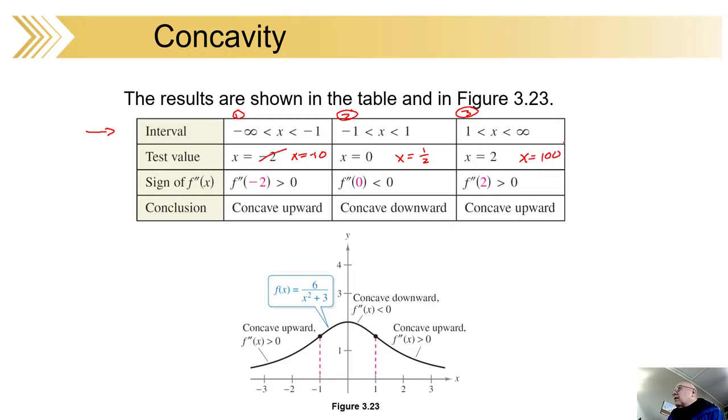And that's perfectly fine. All you have to do is take whatever number you picked in that interval, put it in the second derivative to see again whether it's positive or negative or 0. Here you go, positive, so concave upward. Negative, concave downward. Positive, concave upward. It's as easy as that.